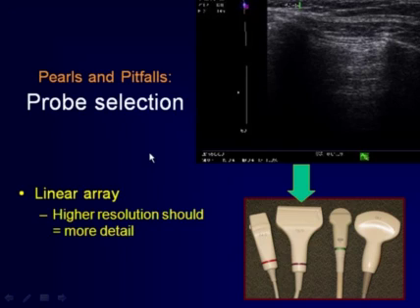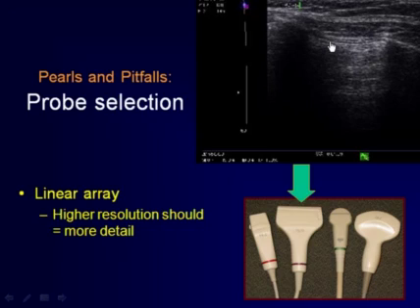What probes can be used? It's really up to the sonologist to find out which he or she finds works best. Certainly the linear probe gives you higher resolution and might be anticipated to give you a more clear, defined picture of the pleura, which is obviously a fairly fine structure.